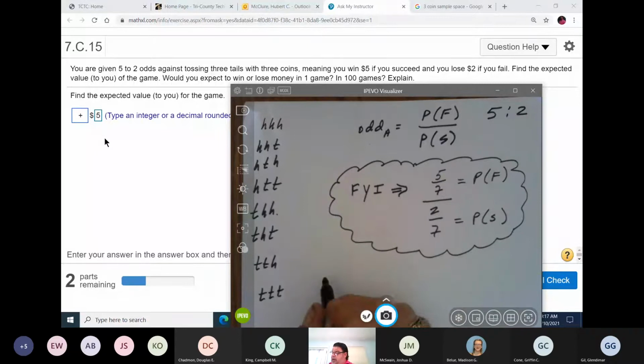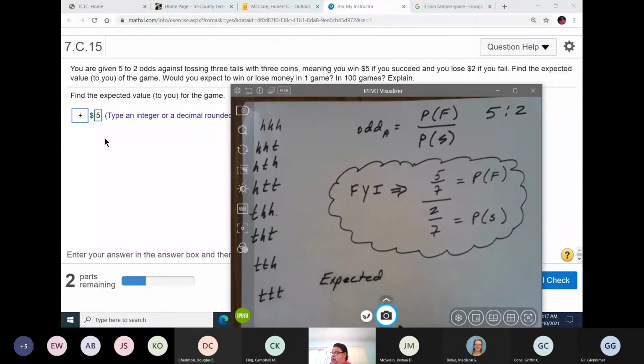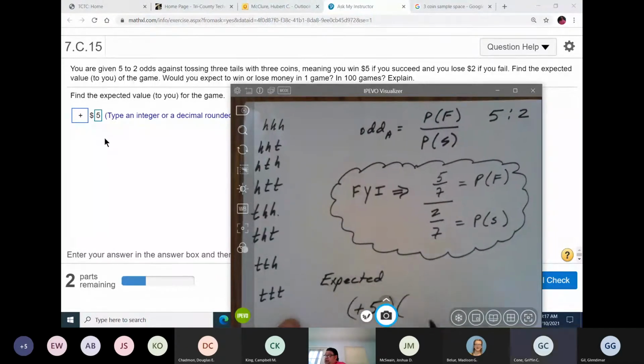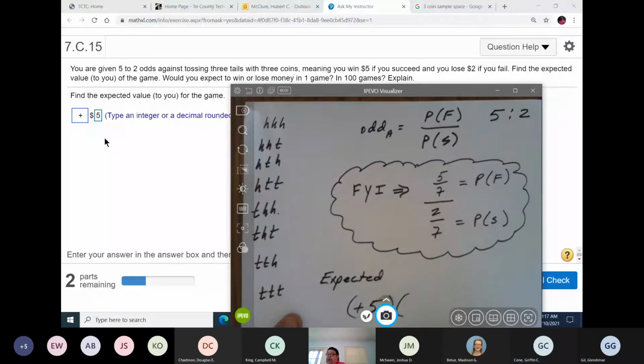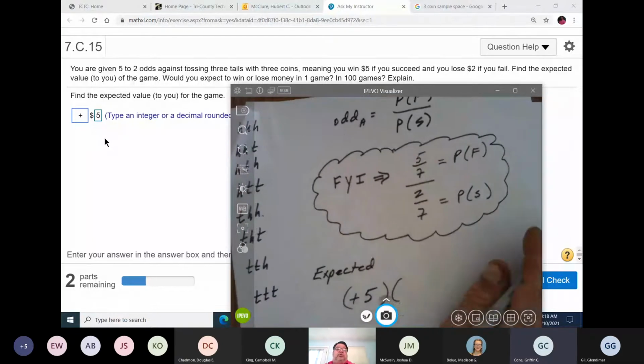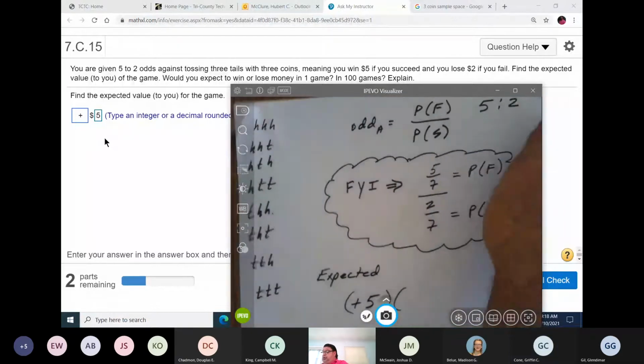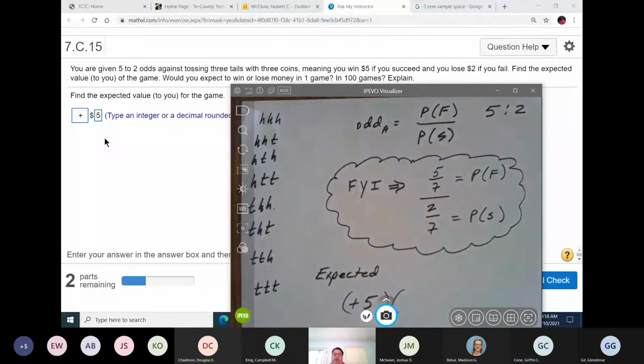And the expected value is going to be the event, which is positive $5 times the probability of 3 tails. Where is 3 tails? Somebody tell me where 3 tails is. It's down at the bottom, right?